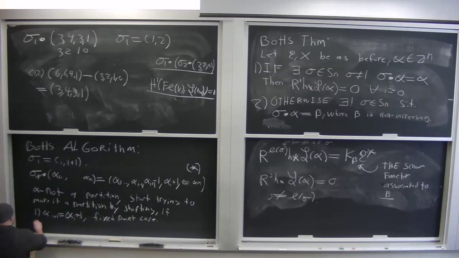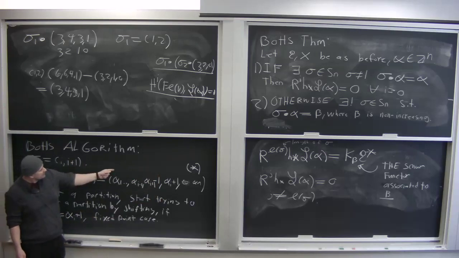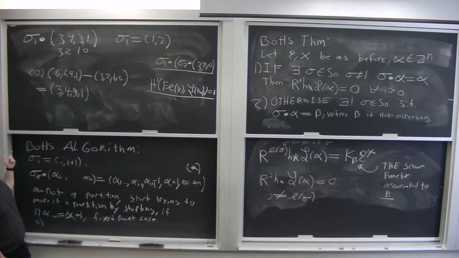And then two, otherwise, what are you really doing? You're just finding the length of the permutation that will change your thing into a partition, right?